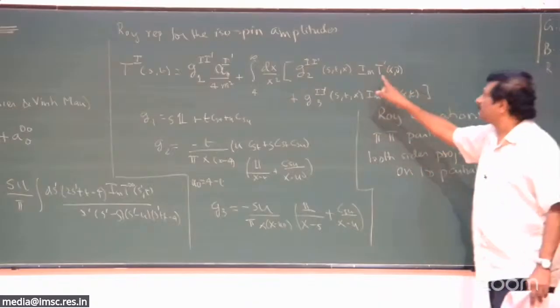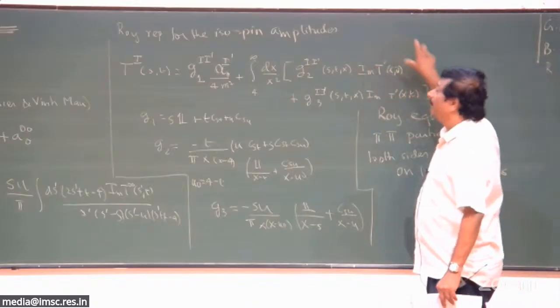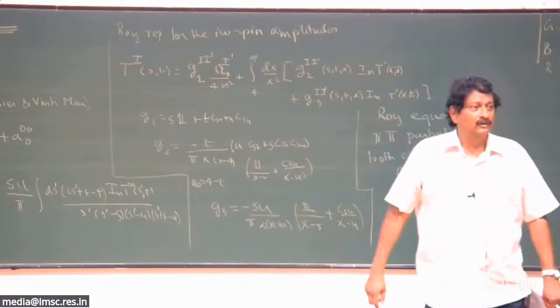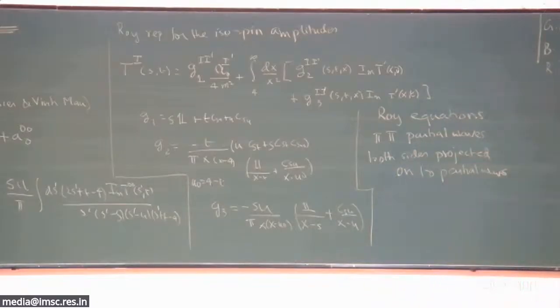And then you can also give a partial wave expansion for this. So this means that there is a set of coupled equations for the partial waves. Every partial wave on the left-hand side is coupled to all partial waves on the right-hand side. And the functions that relate or couple these are known as the Roy kernels.